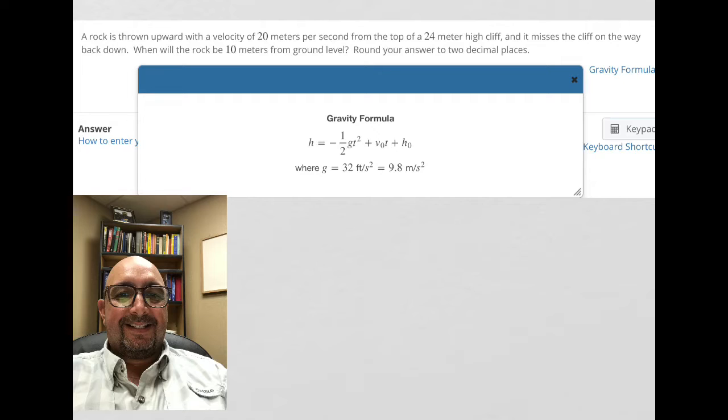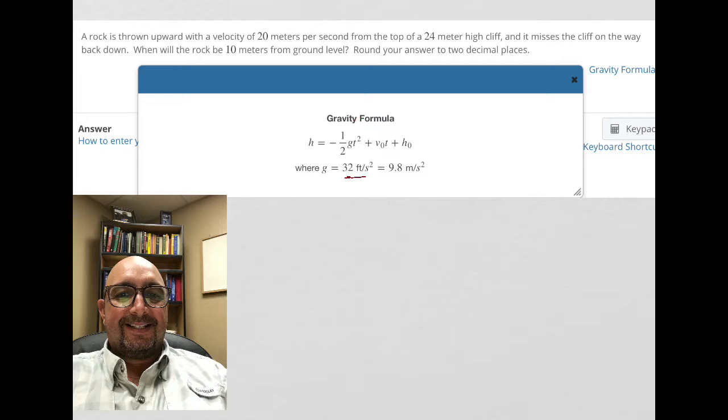The first thing I want to do is start off by visiting with you about this formula. H stands for height. So this H is our height, equals negative 1/2 times G, where G is our gravity.